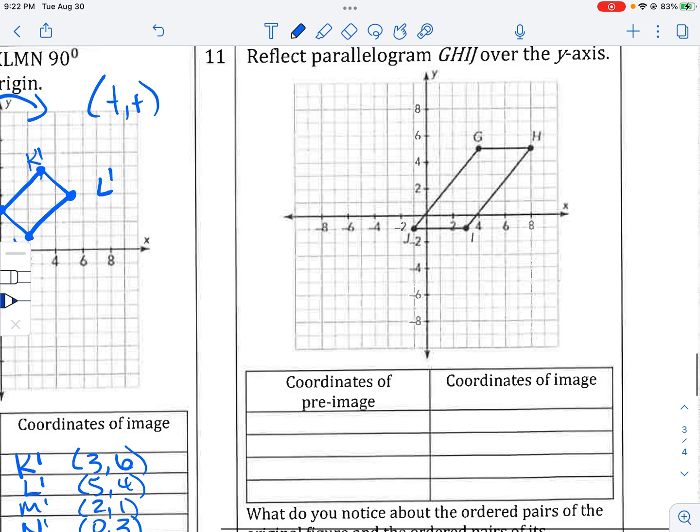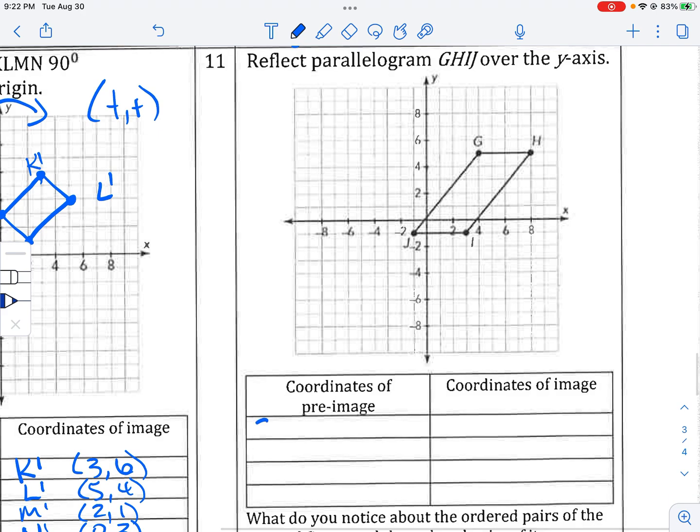Okay. So G on this one is going to be 4, 5. H on this one is going to be 8, 5. I on this one is 3, -1. And J is going to be -1, -1.